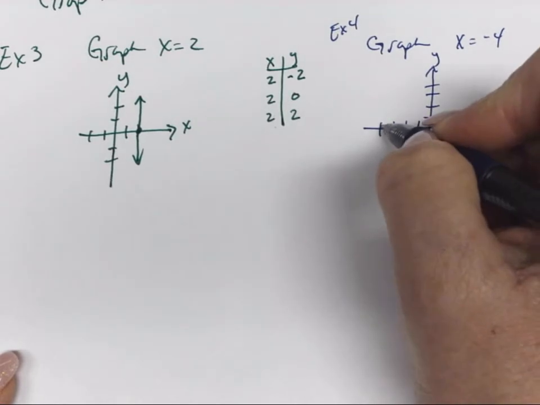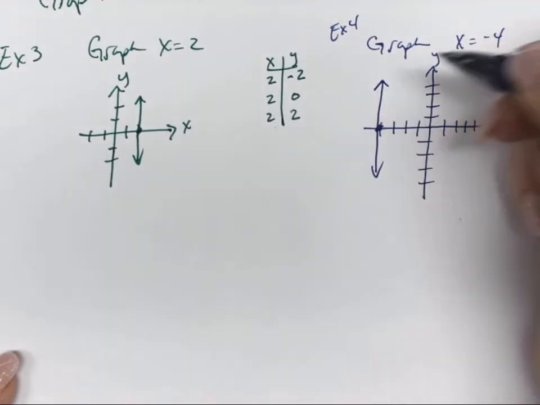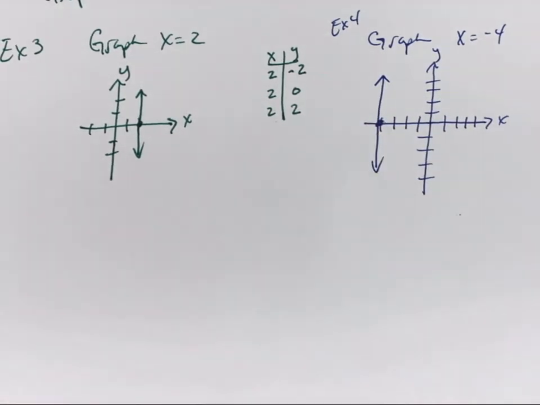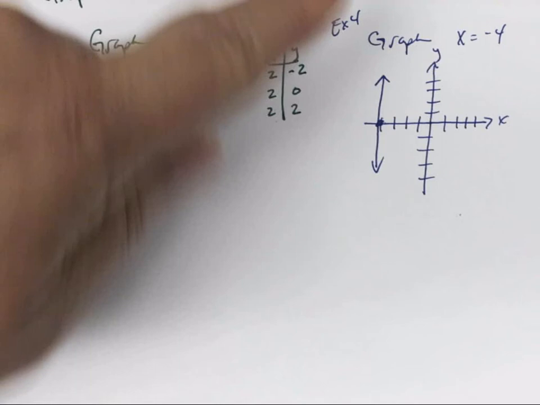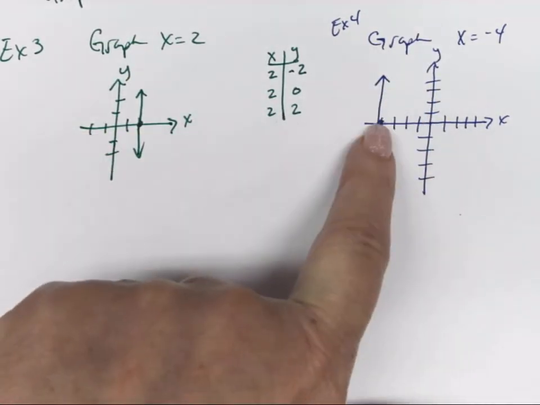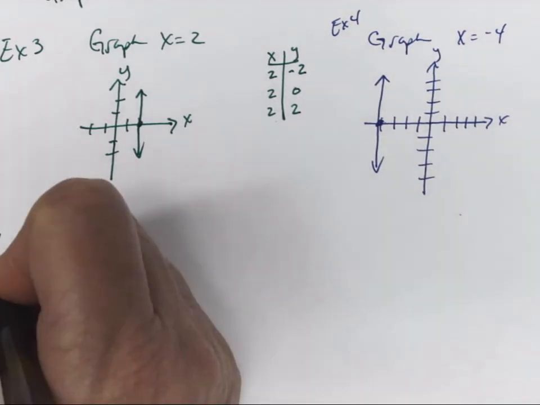So we come over here to x equals -4 and we draw the line right through it. And you don't have to plot that point, I'm just helping you see it. So you just have to draw the line, because it doesn't matter. y could be any of these values, but x will always equal -4. All right, let's go look at example 5.